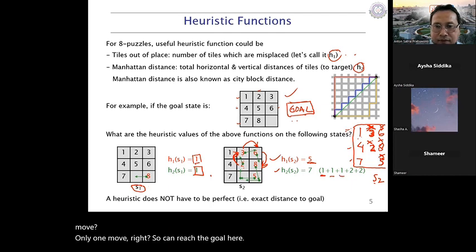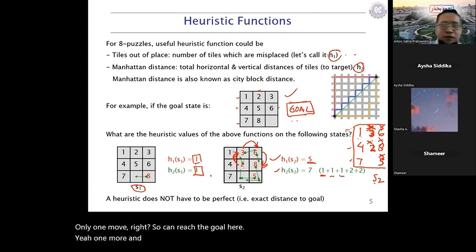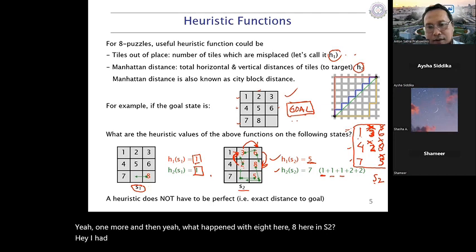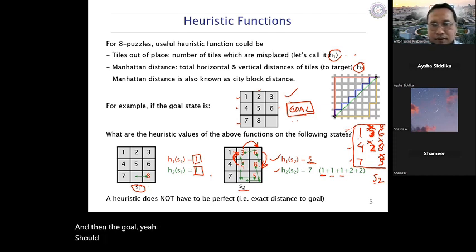And then what happened with 8? Here, 8 in S2 is located in the third column, the second row, and the goal should be in the third row and the second column. So how many moves to be here? 2 moves.